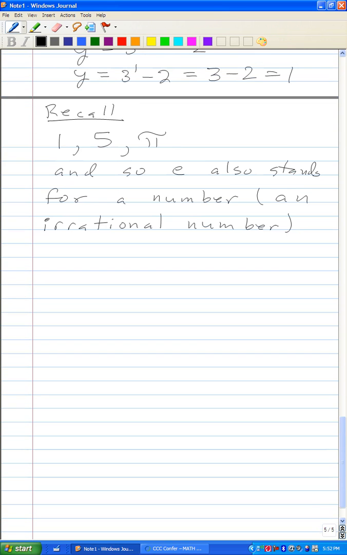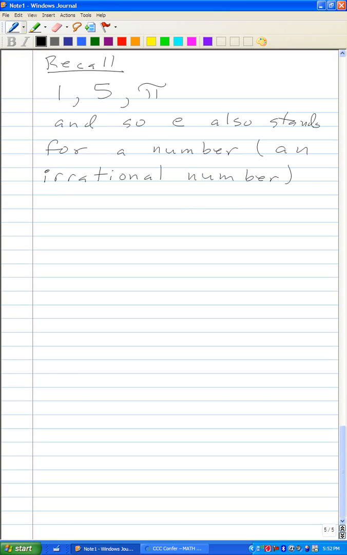So I'll give you some differing ways to look at the number e.